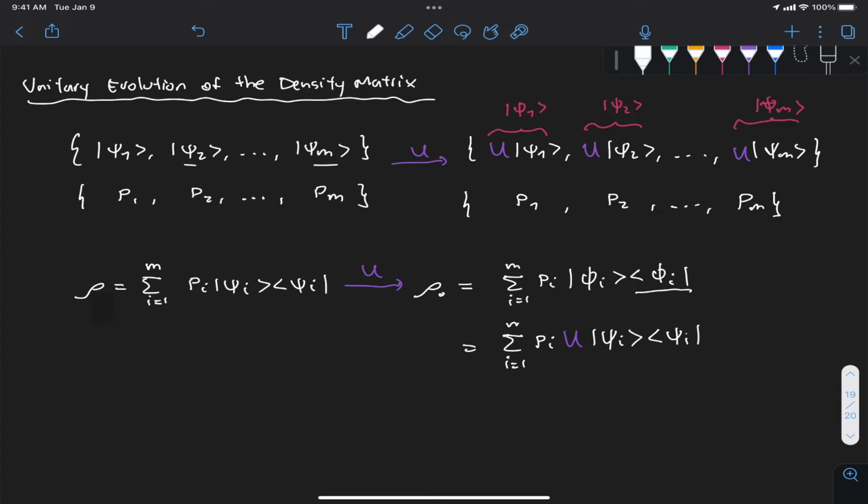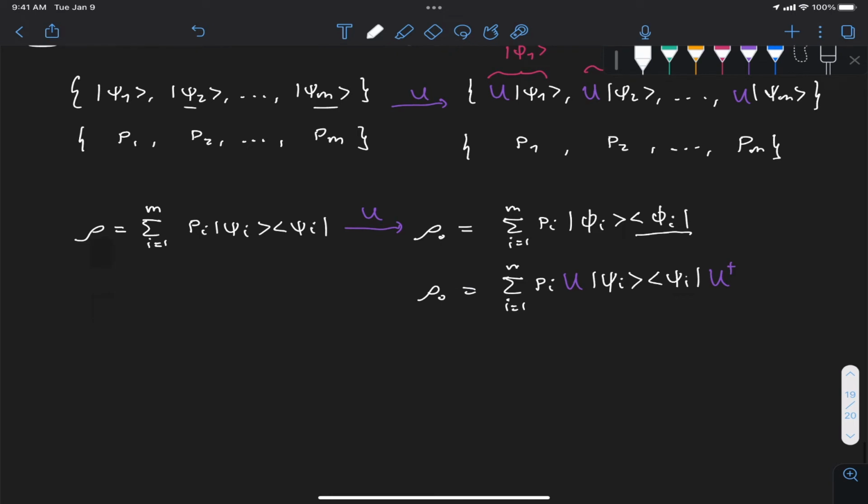But for unitaries, what we have to do is take the conjugate transpose, so U dagger. And that's it. That's the definition of how we apply unitaries to mixed states. So we can also express this as, if we have rho evolve through a unitary, what we get is U rho U dagger. So that's the same as we have up here.